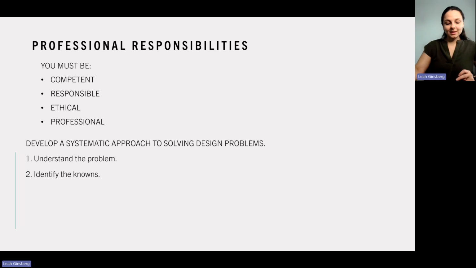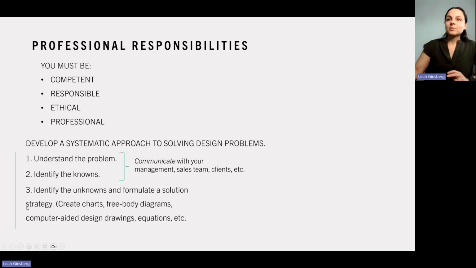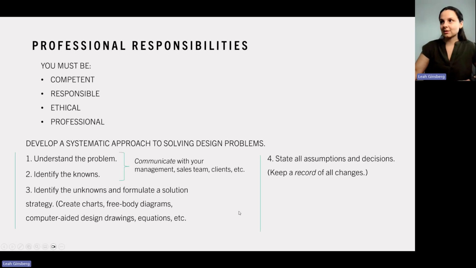There's a professor who I used to work with who would say, you need to know what you don't know. And in these two steps, you need to, again, be communicating with your management, your sales team, your clients, etc. Then we'll identify our unknowns, formulate a solution strategy. This is where you're going to use tools like charts, free body diagrams, your CAE programs, equations, etc.